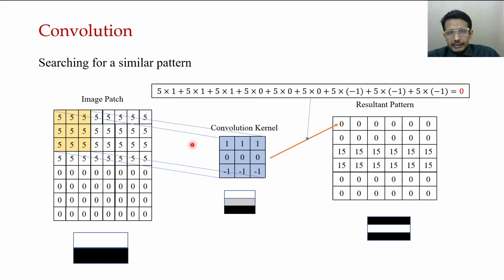For example, 5 into 1, 5 into 1, 5 into 1, then 5 into 0, 5 into 0, 5 into 0, and then 5 into minus 1, 5 into minus 1, 5 into minus 1, and then add all of these. We get 0, so we put 0 here. This way we calculate.